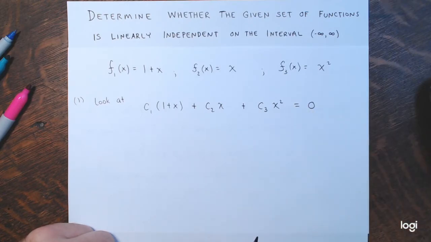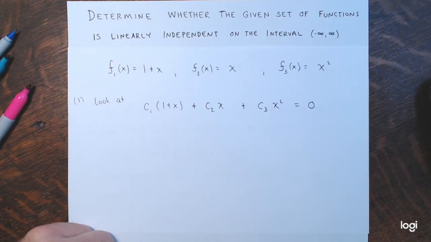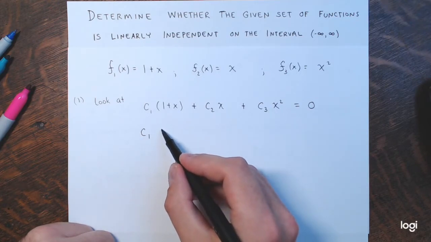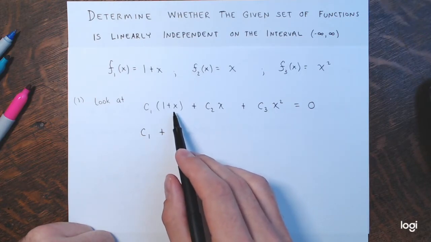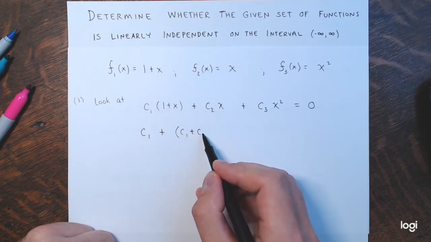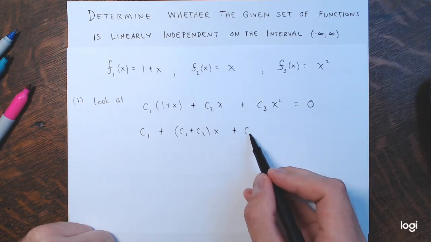Right. Now, being all polynomials here, this one's actually easy to set up a little system for, right? This would be equal to c1 plus, and then putting the x terms together, you'd have c1x plus c2x, so that's c1 plus c2 times x, and then there's only the x squared term, plus the c3x squared.